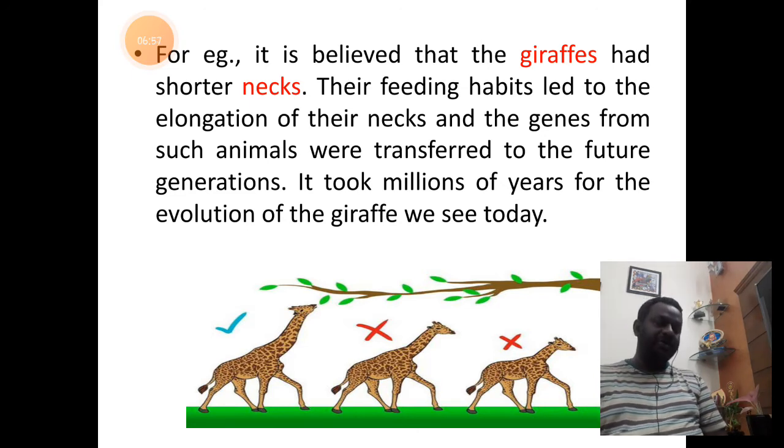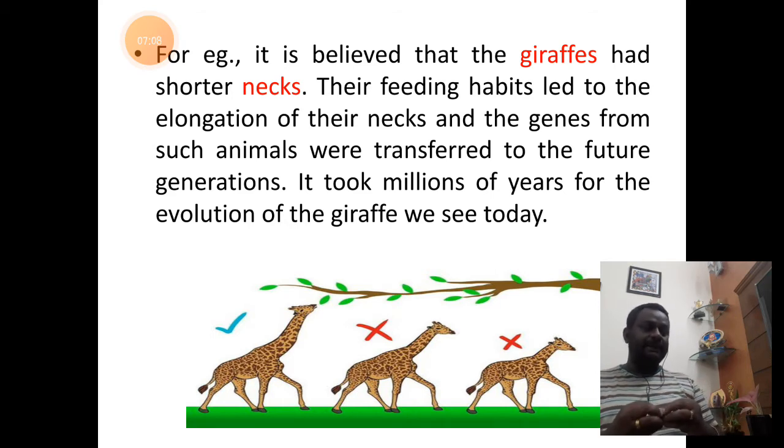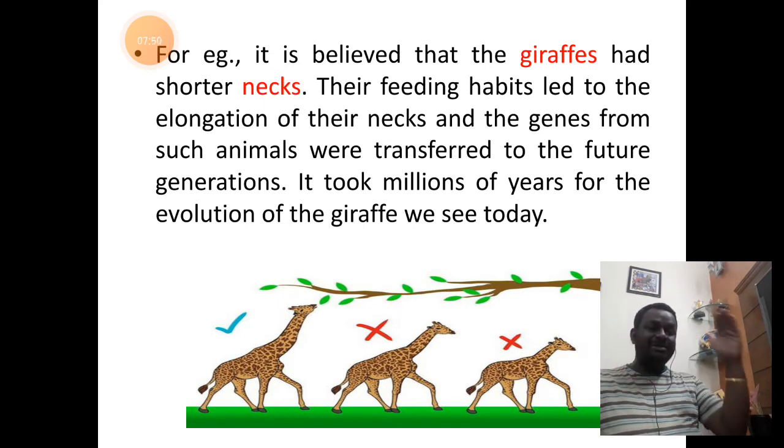To cite an example here, the modern giraffes with long necks, a species which we see in present day, are a very suitable example for natural selection. The ancestral giraffes, which are seen towards the right extremity of the diagram down, had shorter necks, and there occurred an environmental change, a calamity of nature, that resulted in less availability of leaves on the shrubs and on the ground, but availability of foliage was seen on the trees.